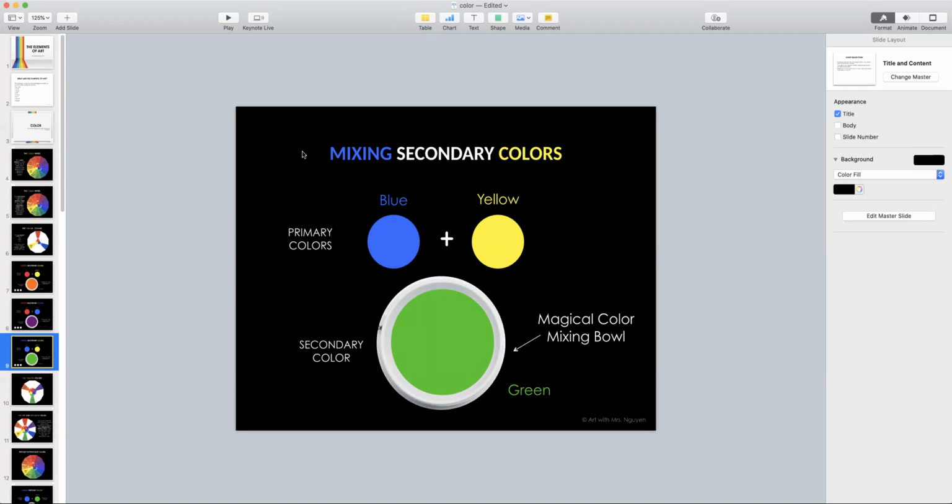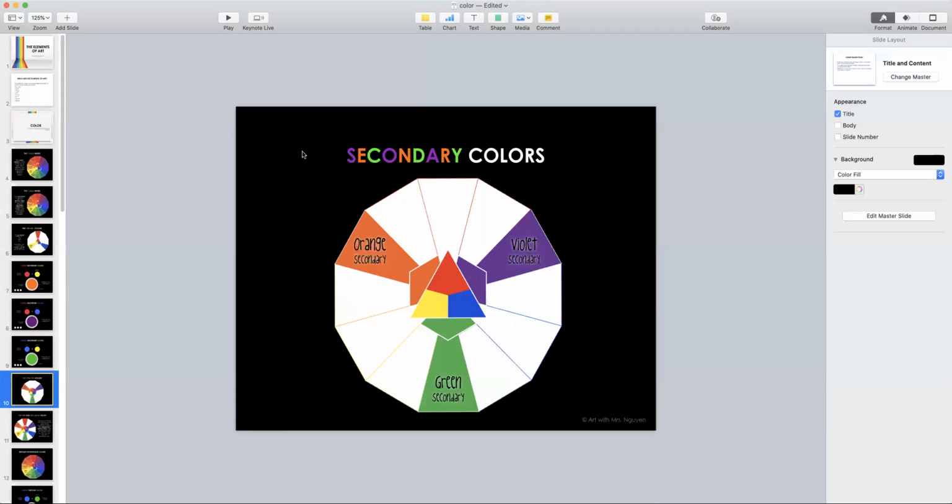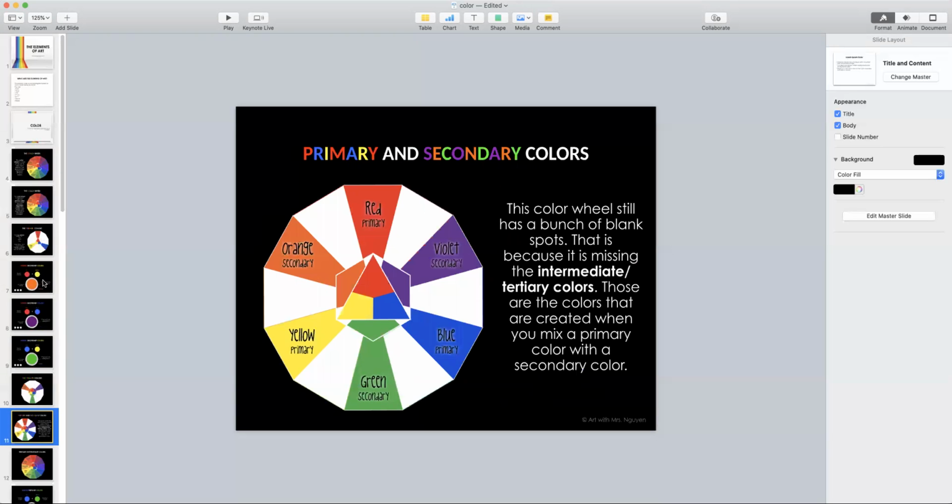And then blue and yellow makes green. So those are our main secondary colors, orange, purple, and green. So you can see those pointing out from the center. So here are the primary and secondary colors.